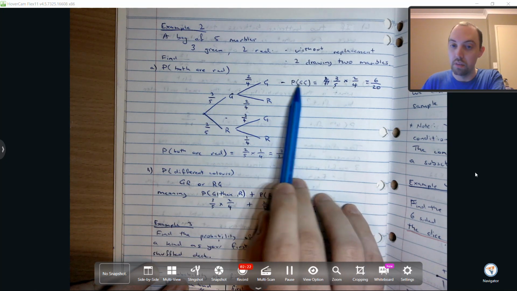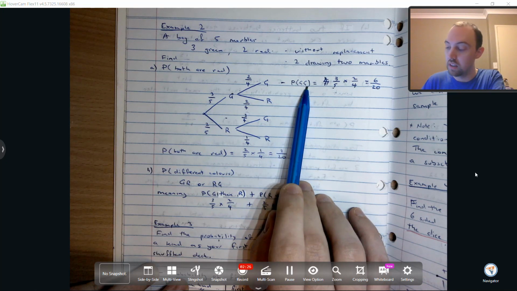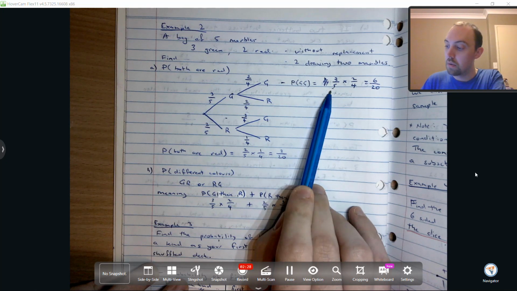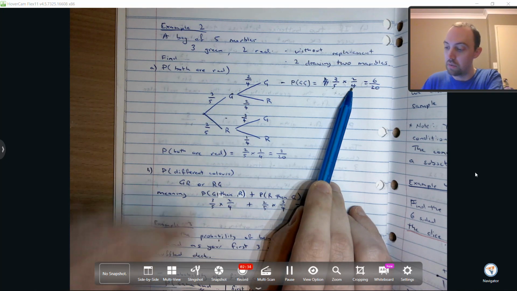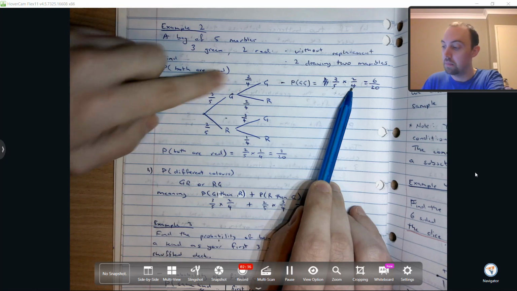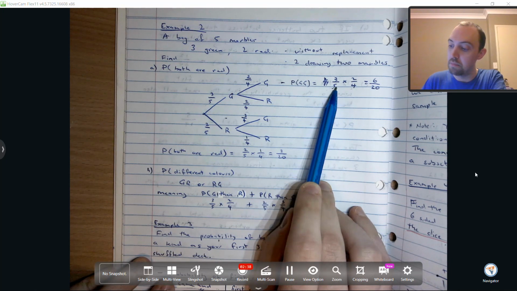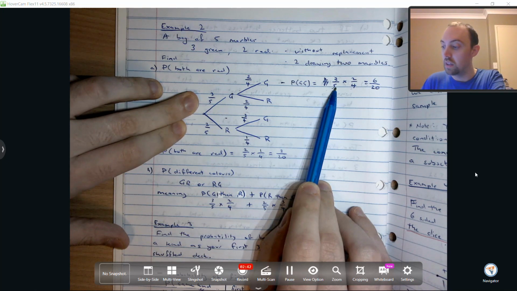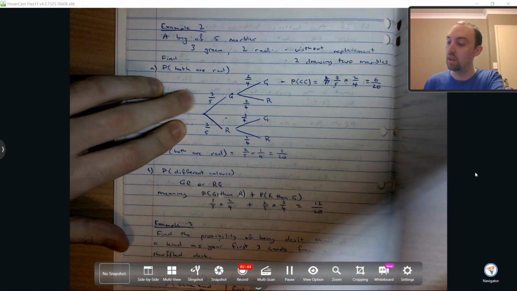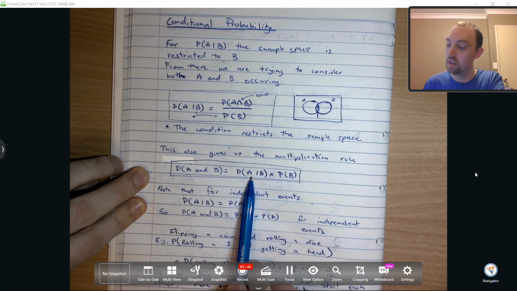So the probability of both occurring, green and then a second green, is probability of green given the first is green is 2 out of 4, and that's that part of my tree diagram, and then times the probability of the first green. Okay. Same as our multiplication.